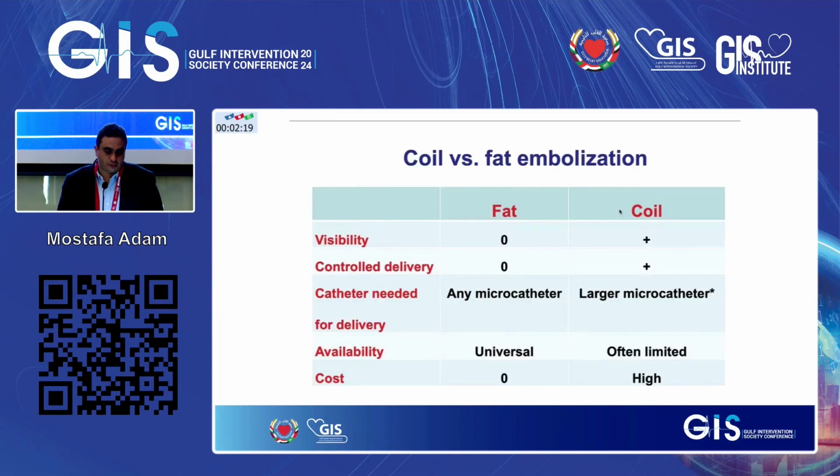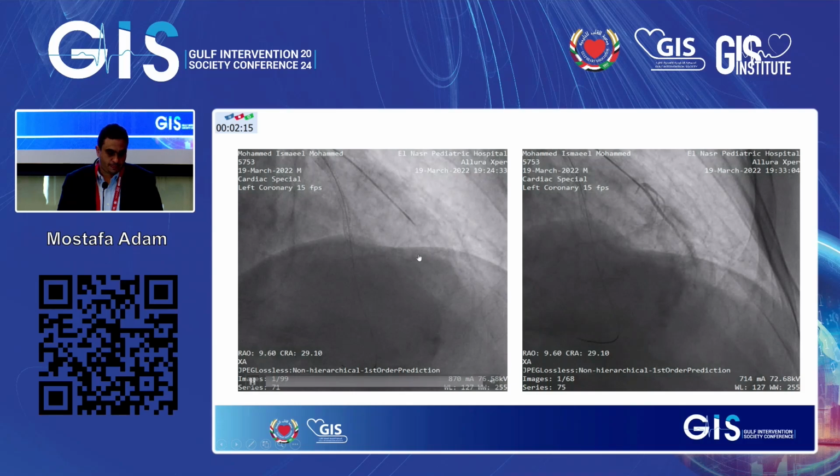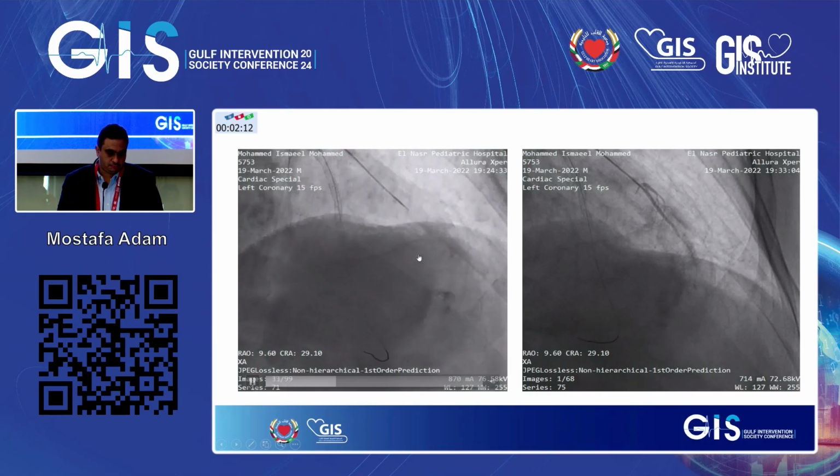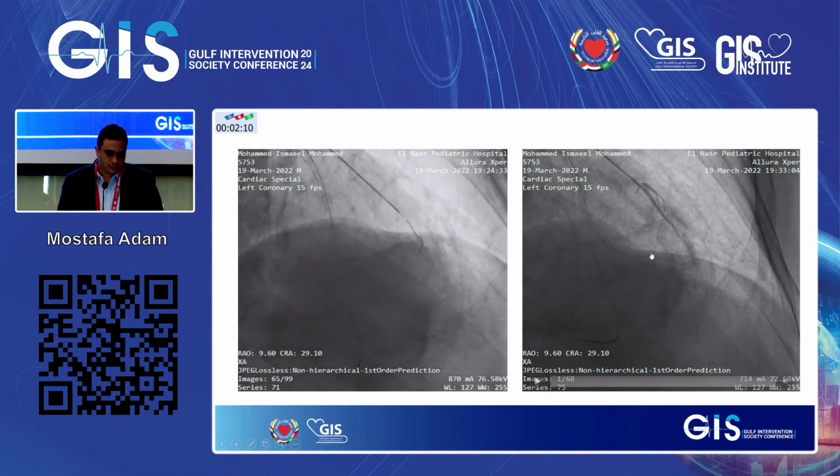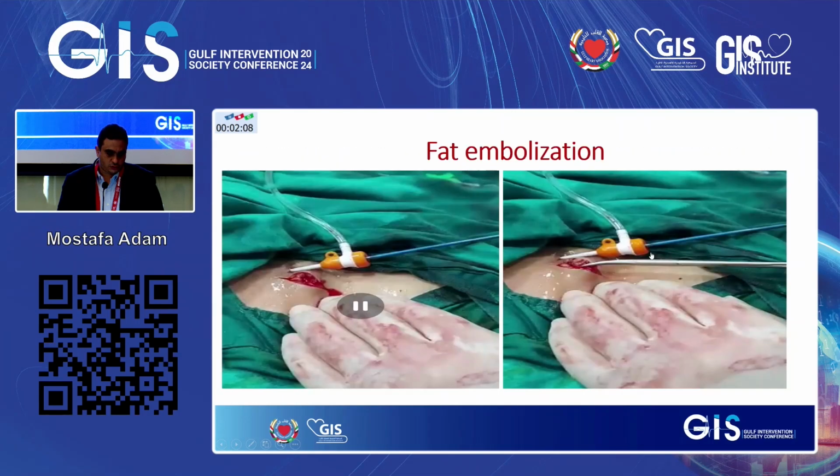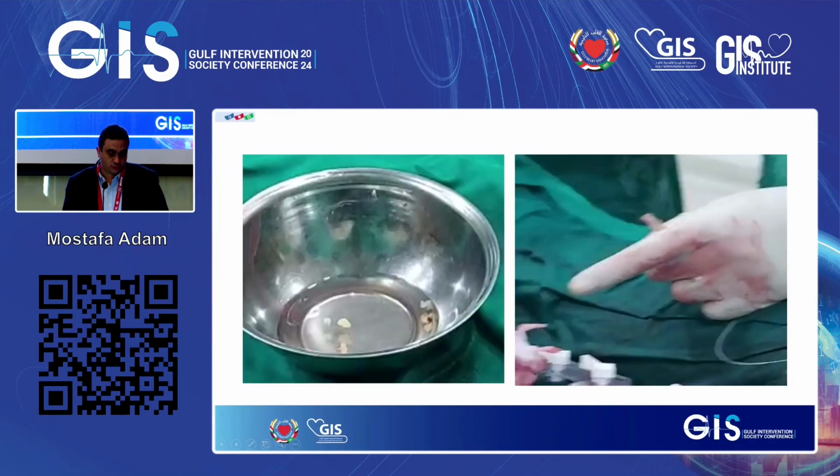This is the comparison between fat and coil embolization. Here is the source. So we start with fat embolization. We take fat from the groin region.